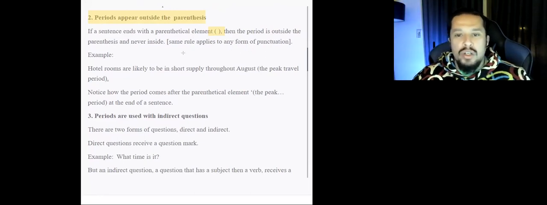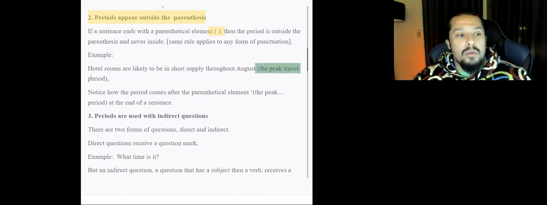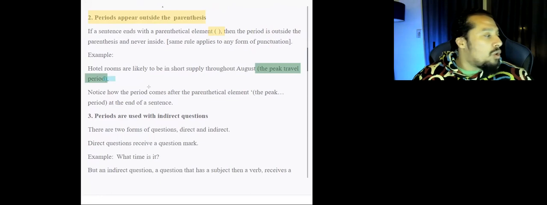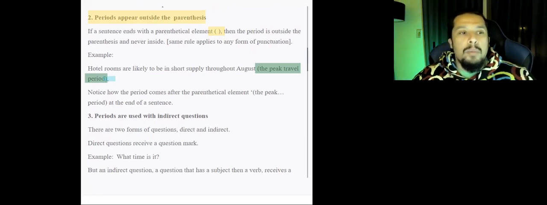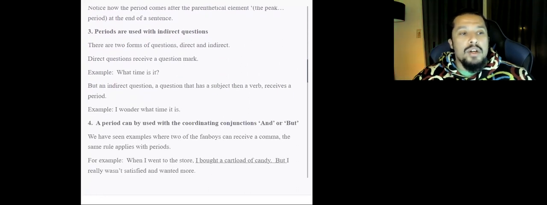Look at this example: Hotel rooms are likely to be in short supply throughout August, parentheses, the peak travel period. Then here you see the period. Generally we can't put any punctuation before the parentheses, and we put punctuation after them, whether it's a period, a comma, or a semicolon. Any punctuation goes outside the closing parenthesis.